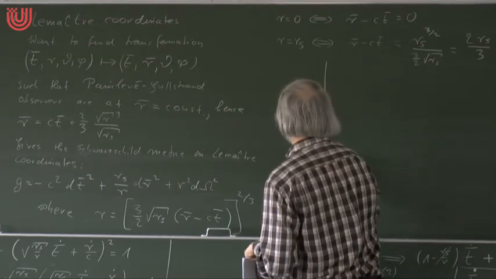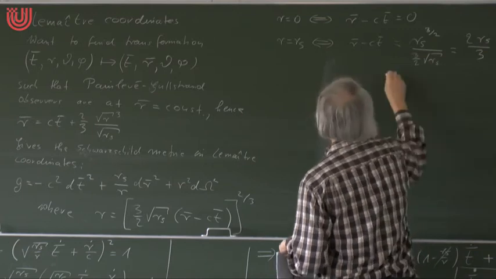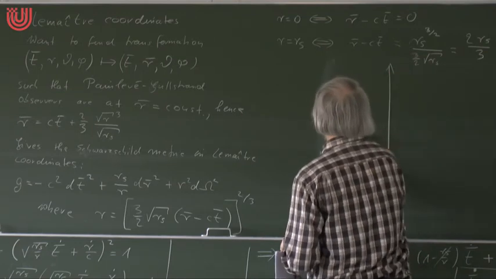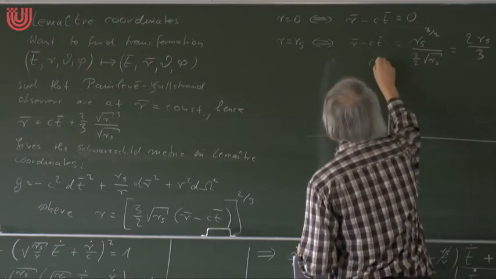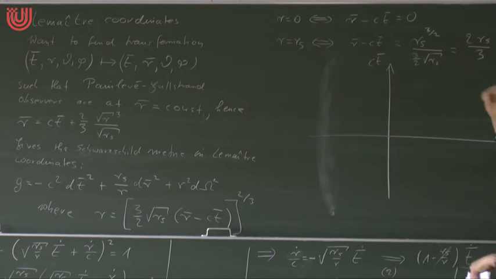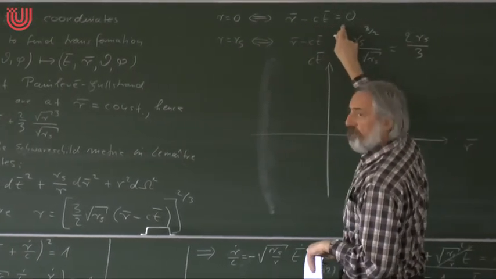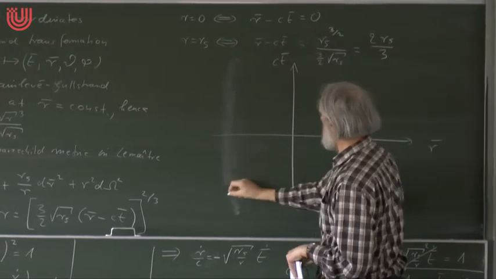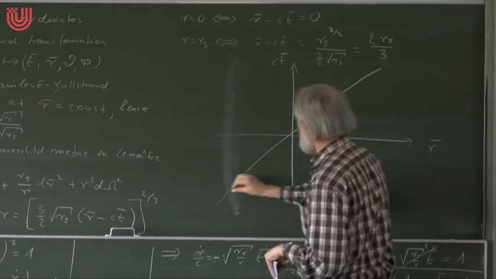So where are these two surfaces? Here's our coordinate system. This time I need a little bit more space to the left of the axis. So this is my r bar, this is ct bar, and my singularity is at r bar minus ct bar equals 0. That's a diagonal, which should pass through the origin.